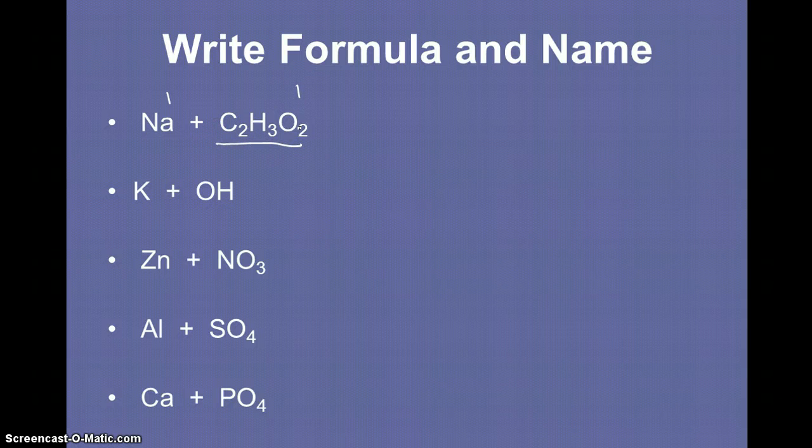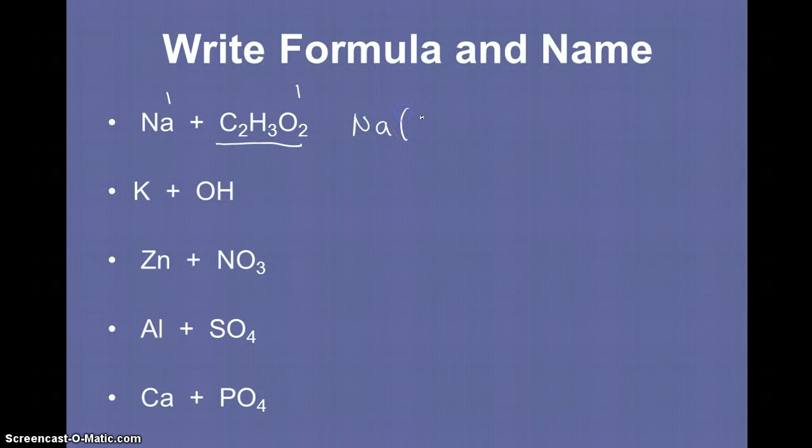And a lot of times you will see these polyatomics in parentheses. We keep them in parentheses because, again, they act as one element. Acetate, even though it's C2H3O2, polyatomic means many atoms that are together, but they behave as one. So let's go ahead and try and write the formula for these. This one here.